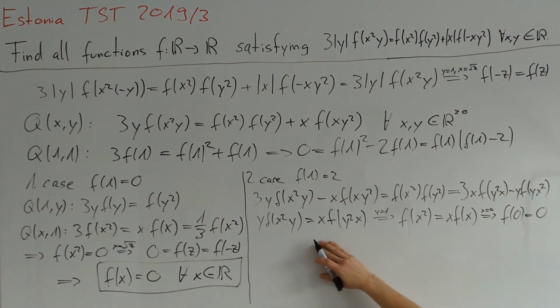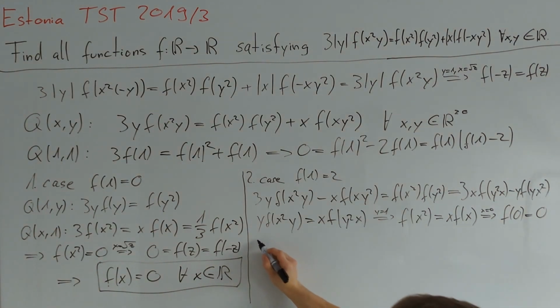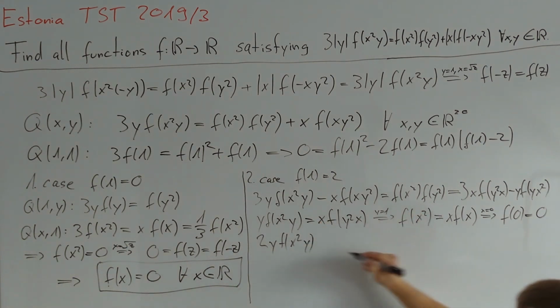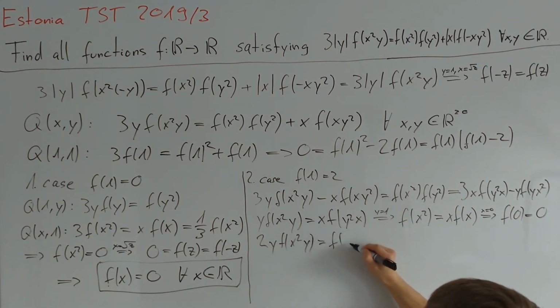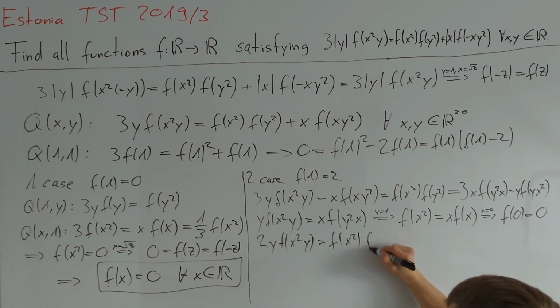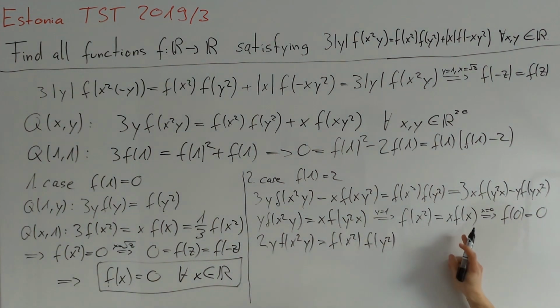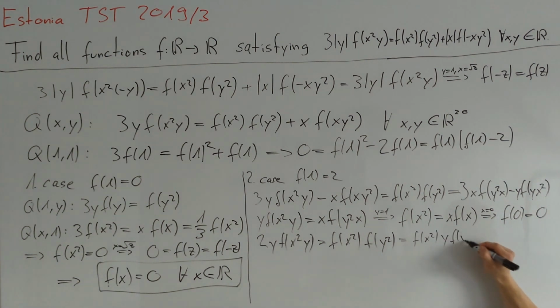With this equation here, we can simplify this term here to be equal to 2 times y times f of x squared y, which is equal to f of x squared times f of y squared. And now we can use this identity here for y to get that this is equal to f of x squared times y times f of y.